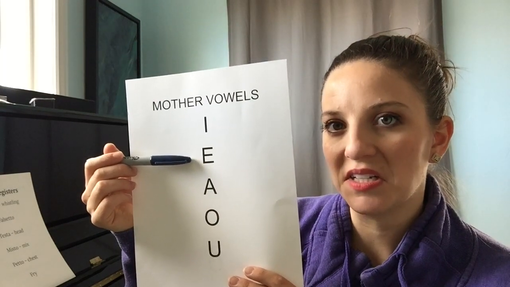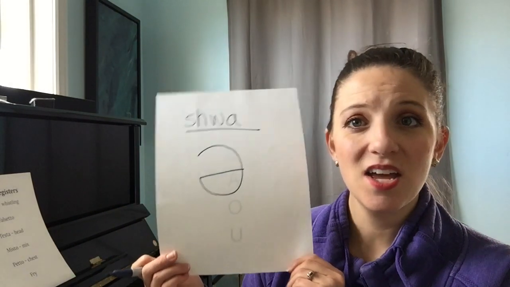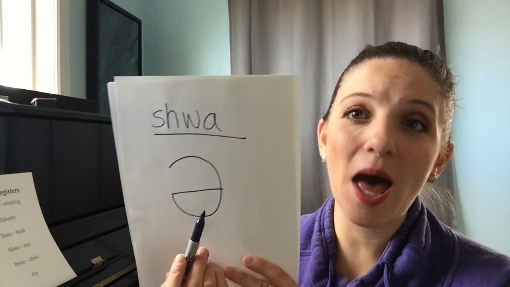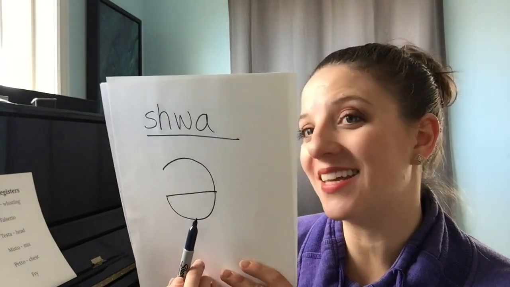There's one more vowel I need to tell you about. Basically, it's an upside down and backwards E. And this is known as, dang it, I wrote on the back of my Mother Vowels chart. S-H-W-A, schwa. Otherwise known as the upside down and backwards E, okay?